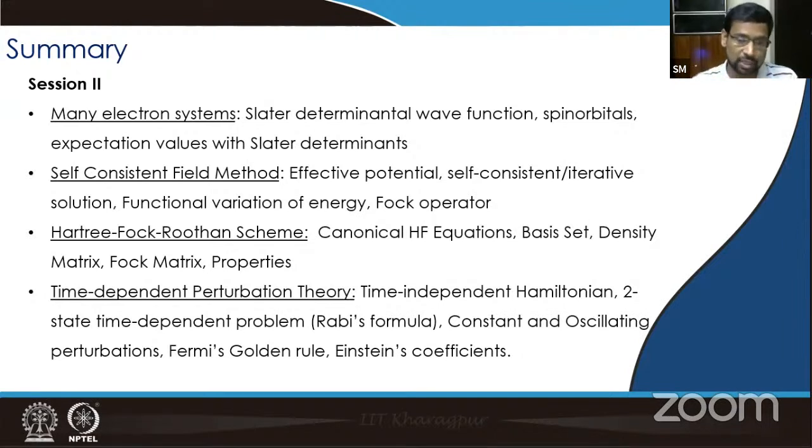But we also generalized it to n electronic states, and we looked at several different forms of perturbations. For example, constant perturbations, which, although time-dependent, keep a constant value during the application of the perturbation. Or we also looked at a slowly switched constant perturbation.